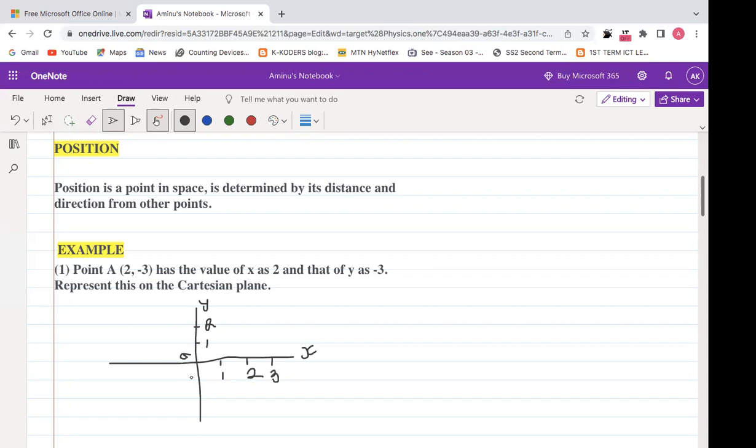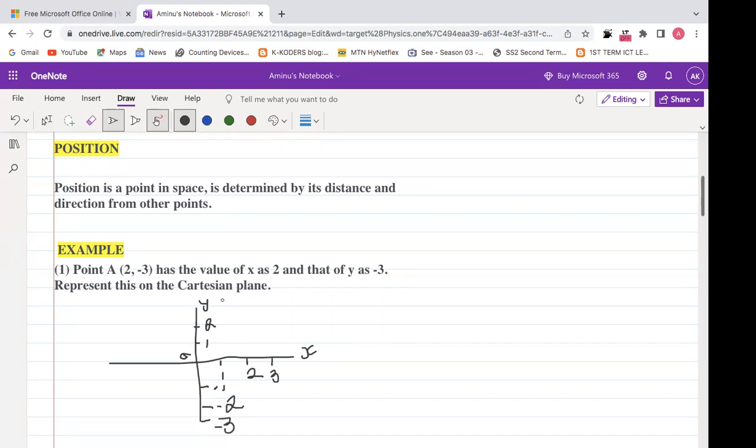The negative side of the y will be minus 1, minus 2, and here can be minus 3.